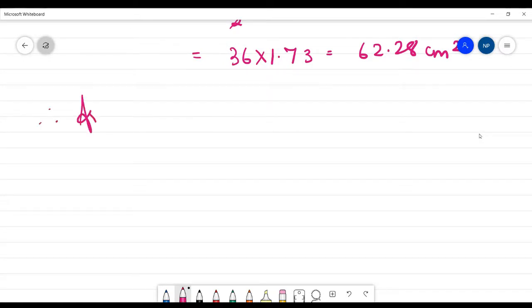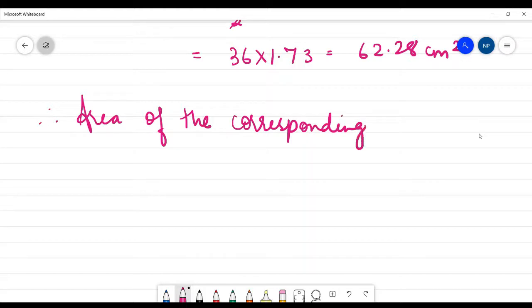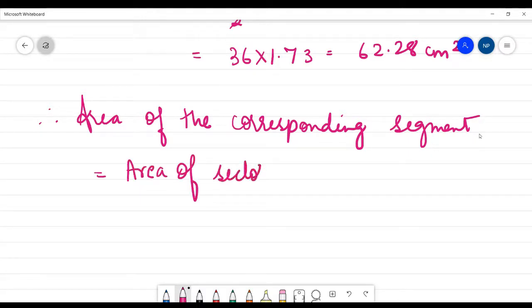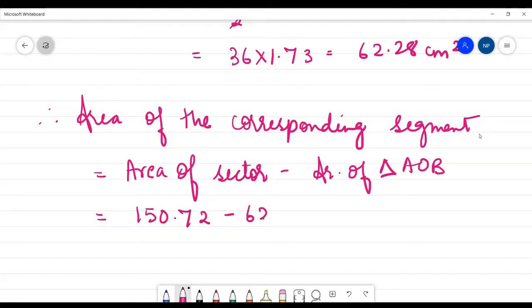So therefore, area of the corresponding segment is equal to area of the sector minus area of triangle AOB, which is equal to 150.72 minus 62.28, which will give you the answer as 88.44 centimeter square. This completes question number 7.